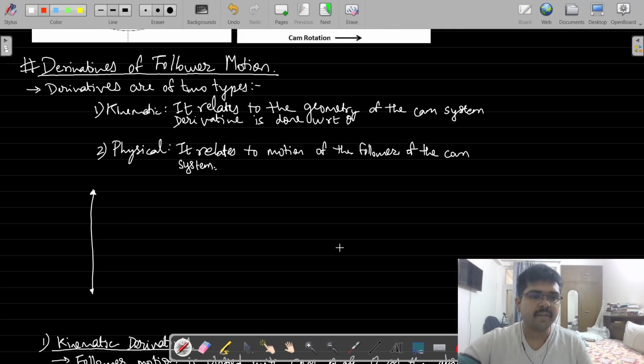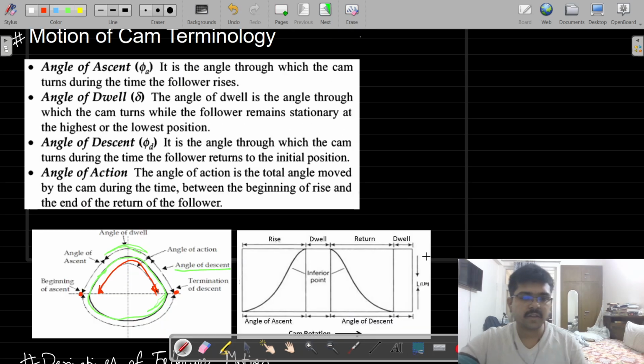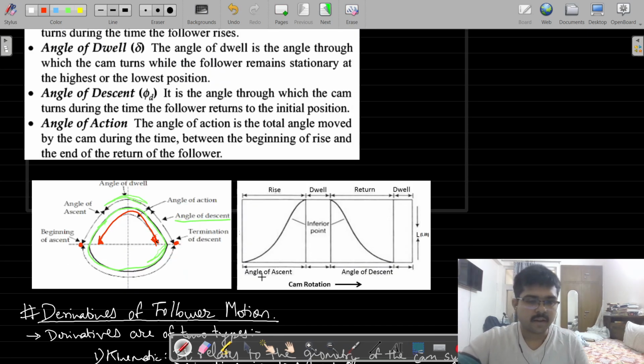Now we come to derivatives. I hope you have understood this. And this is the graph that shows cam rotation and follower rise. So this is the angle of ascent from here to here.